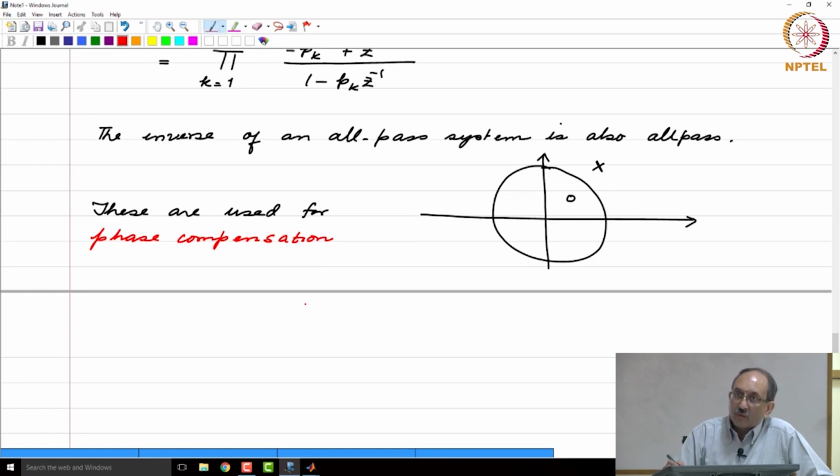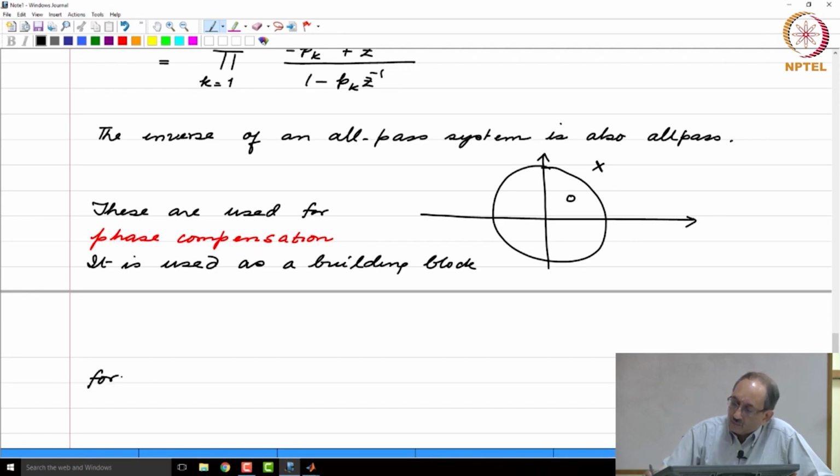The other important use for all pass is that it is used as a building block for building more complicated filters, for certain filter types.